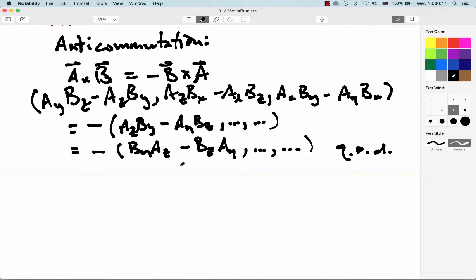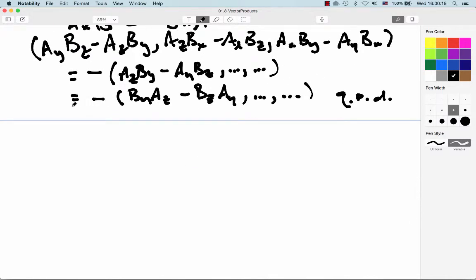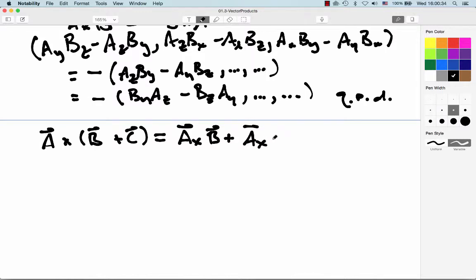Okay, similarly, you can show that the cross product does distribute over vector addition. That's kind of handy. So that'll be A cross B plus A cross C. And again, the proof is similar, gutting it out by components.